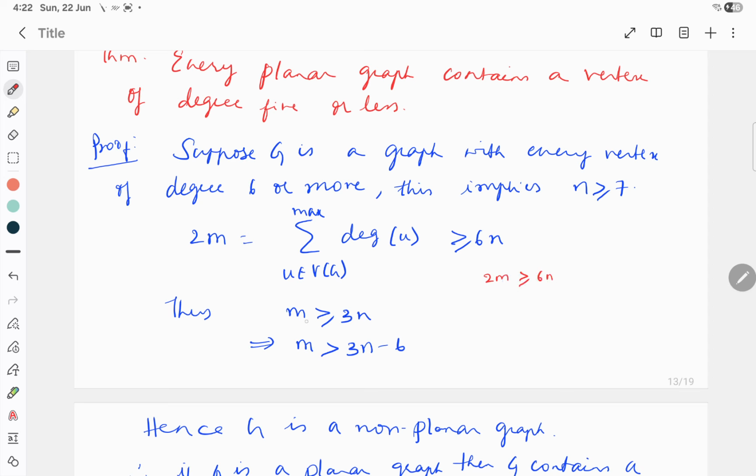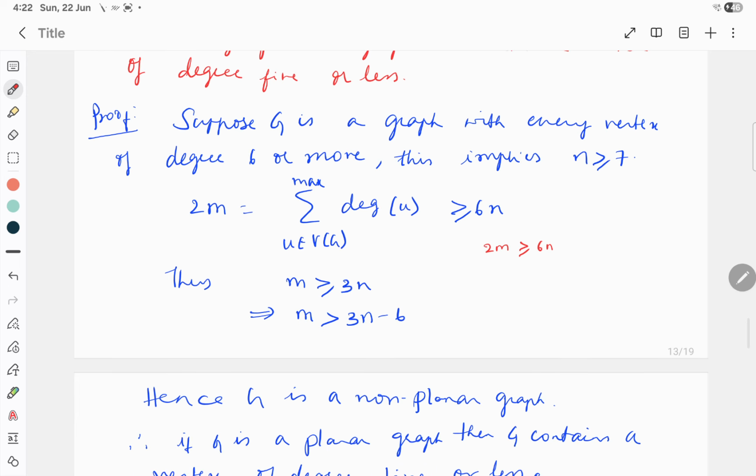So this can be written as m greater than or equal to 3n, and hence m is greater than 3n minus 6. When it is greater than or equal to 3n, I am just removing some positive number from the right hand side. So obviously m should be greater than 3n minus 6.